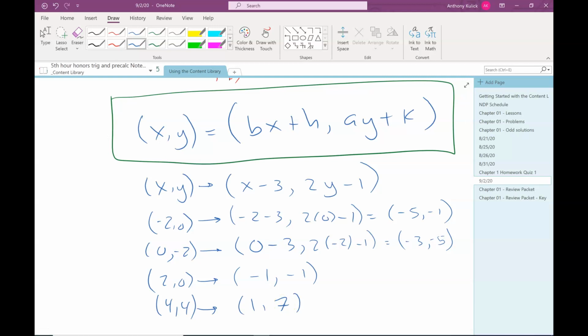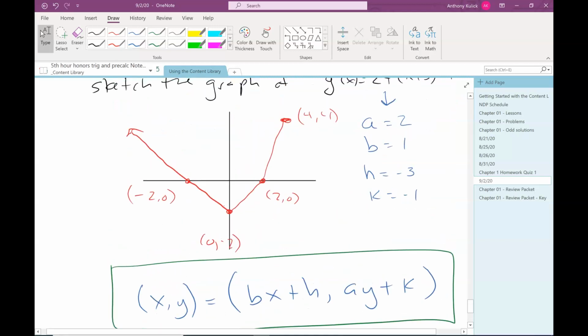So all I'm left to do now is to plot these things. So let's see, -5, -1 is probably somewhere like there. And then -3, -5 is probably somewhere like down here. And -1, 1 is probably somewhere like there.